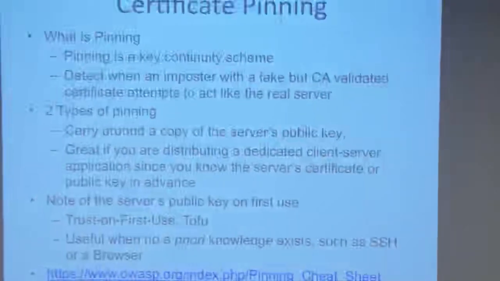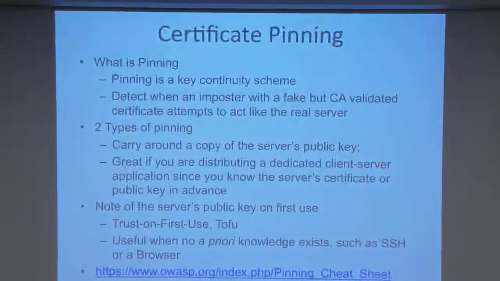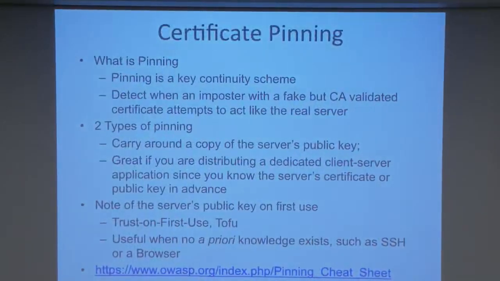The number one thing is certificate pinning. When you're building a mobile app, you can take the public certificate that's been signed by a CA and hard code it in your app. That way, if someone's man-in-the-middling you and giving you a fake fraudulent but properly signed certificate, you'll detect that because it doesn't match what's truly on your server. This doesn't work in browsers yet.